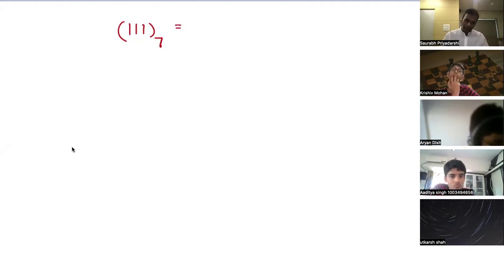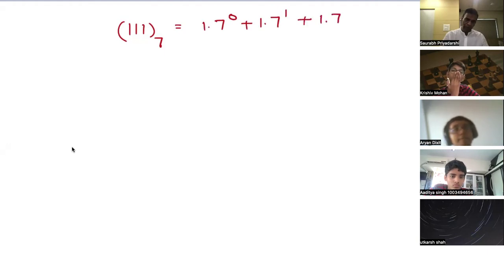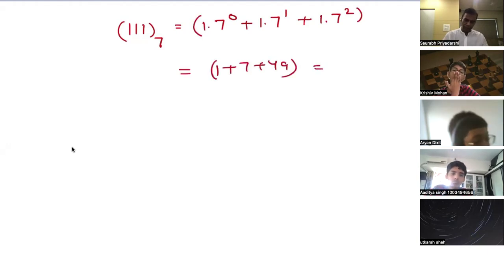So the number is 7 to the power 0 plus 1 into 7 to the power 1 plus 1 into 7 to the power 2, that is 1 plus 7 plus 49. That will be 57 with the base 10.